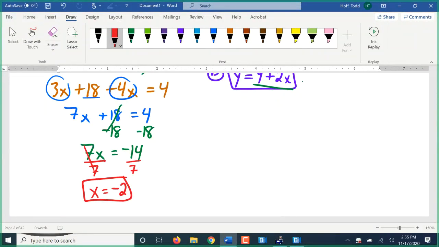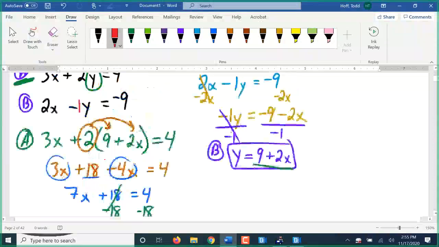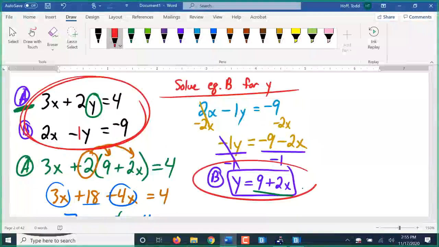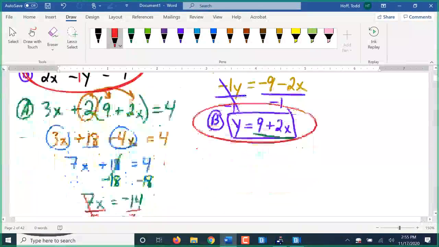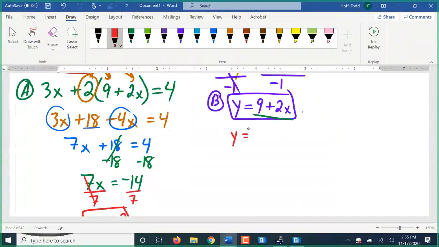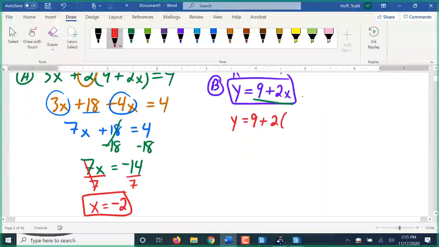Now we need to find y. I could go back to one of my original equations if I wanted to and put in that x equals negative 2. But I have this equation B over here that I've already solved for y. I've done a good share of the work. So let's just plug it in there. y equals 9 plus 2x becomes 2 times negative 2.